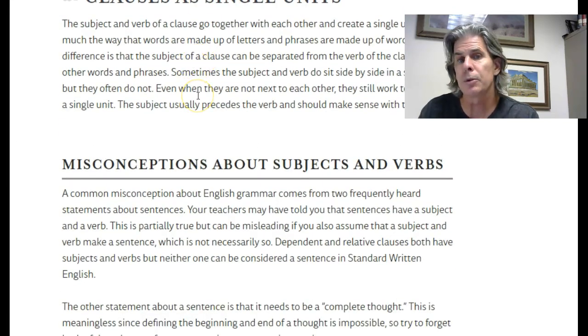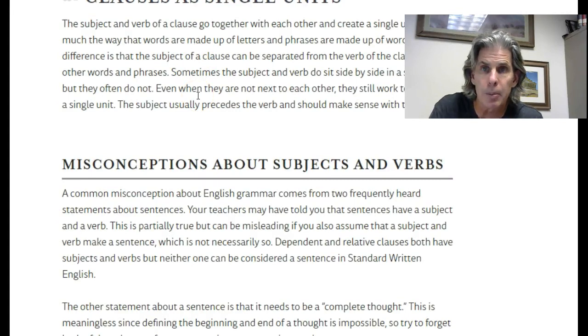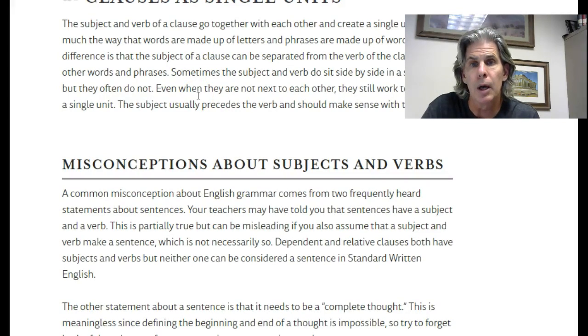One of the misconceptions I've learned over the years that people have about subjects and verbs is that subjects and verbs are distinct from each other. Okay, one common confusion, very common, is to say who or what the sentence is about is the subject of the sentence. And I'm going to tell you very clearly, no, it's not necessarily.